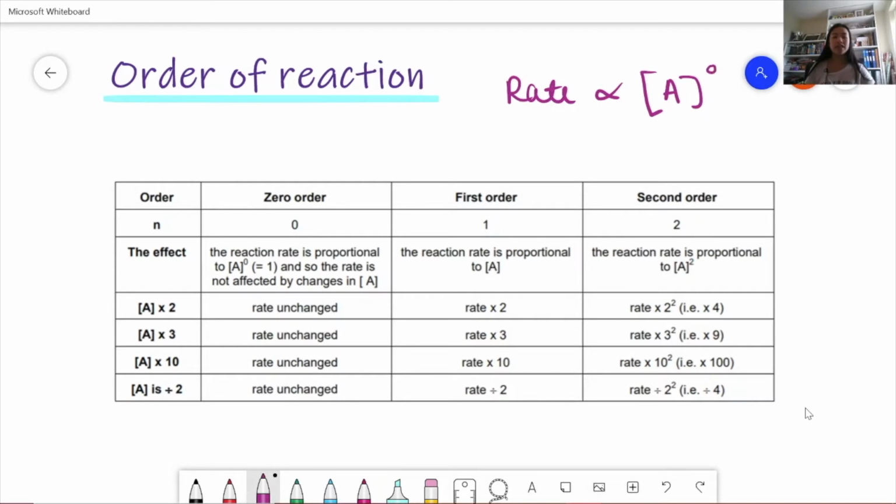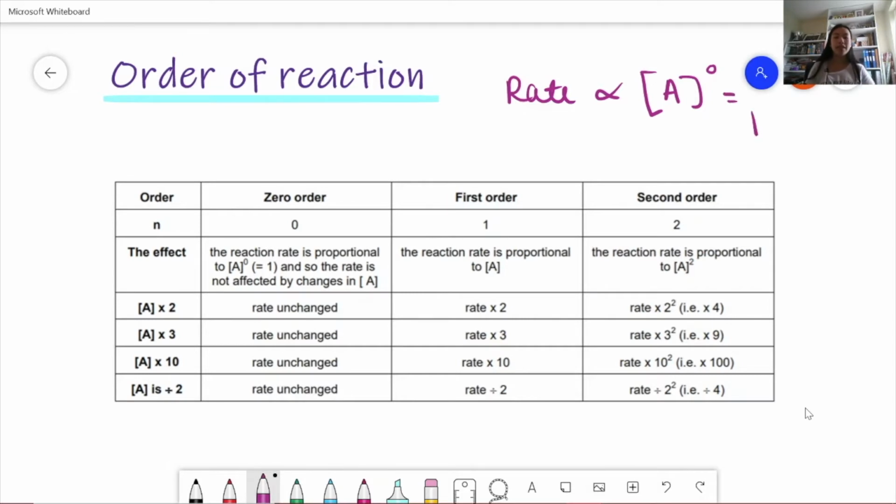So we have rate is directly proportional to the concentration of A to the power of 0. For the second column, it would be the concentration of A to the power of 1. And for the third column, it would be the concentration of A to the power of 2. If we have a look at the first column first, the rate is directly proportional to the concentration of A to the power of 0, and the concentration of A to the power of 0 is actually equal to 1.